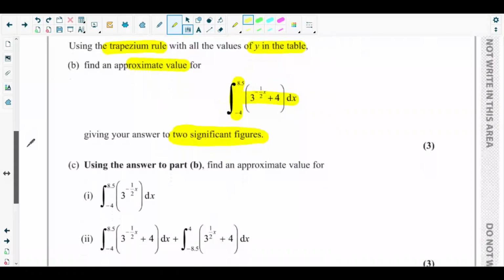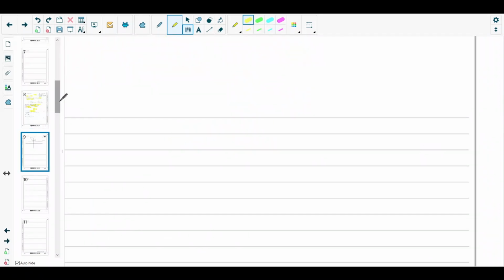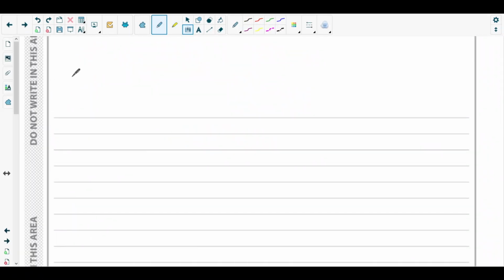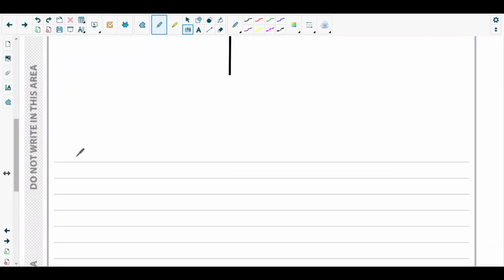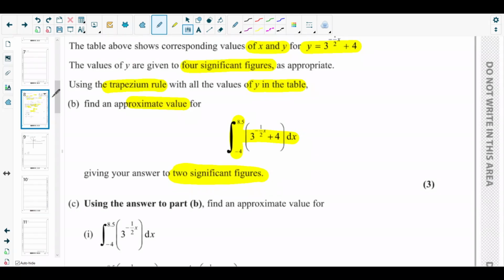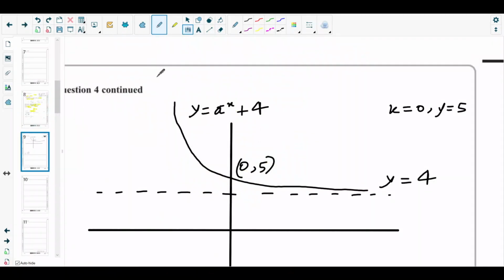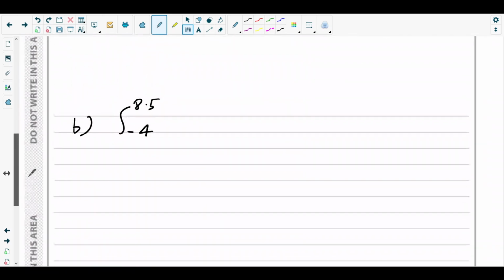For the Trapezium rule, the formula is basically based on the area of a trapezium. The integral from -4 to 8.5 of 3 to the power of half x plus 4 dx is approximately equal to this.